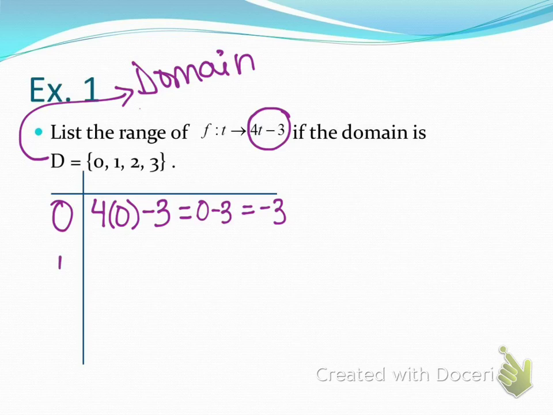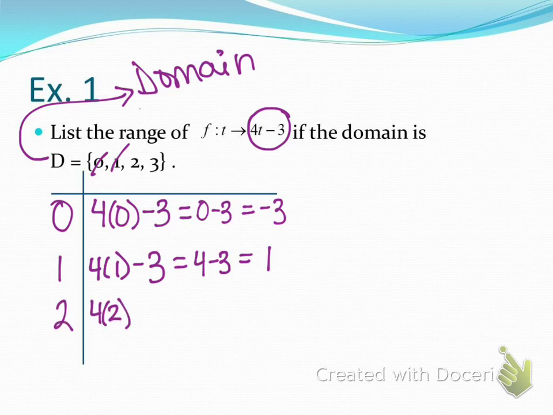All right, next let's do 1. Again, we plug it in. We multiply first. 4 times 1 minus 3 is 1. Next, so we've done the 0 and the 1. Next up is 2.